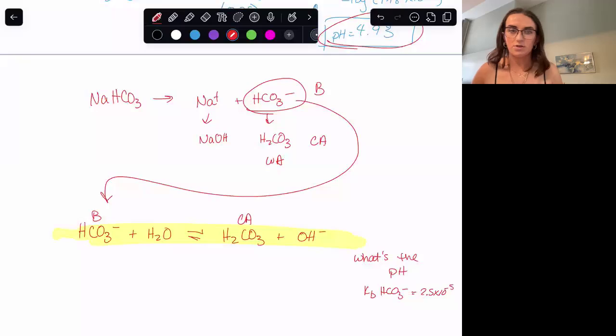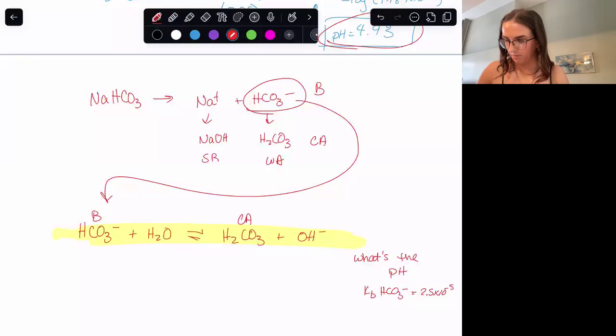What is NaOH? Is that a strong base or a weak base? Good.